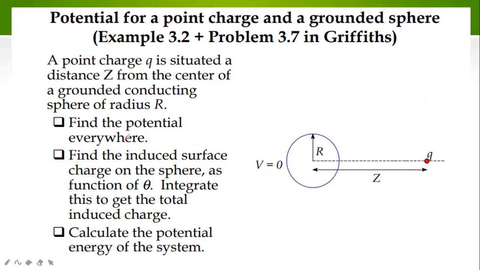Okay, this is one problem from your Griffiths book. I have shared the book of electrodynamics in the WhatsApp group also. So please guys, download that book if you don't have it. If you have that book, there is a chapter in Griffiths, chapter number 3, called the method of images, and there are more than 60 to 70 problems of method of images.